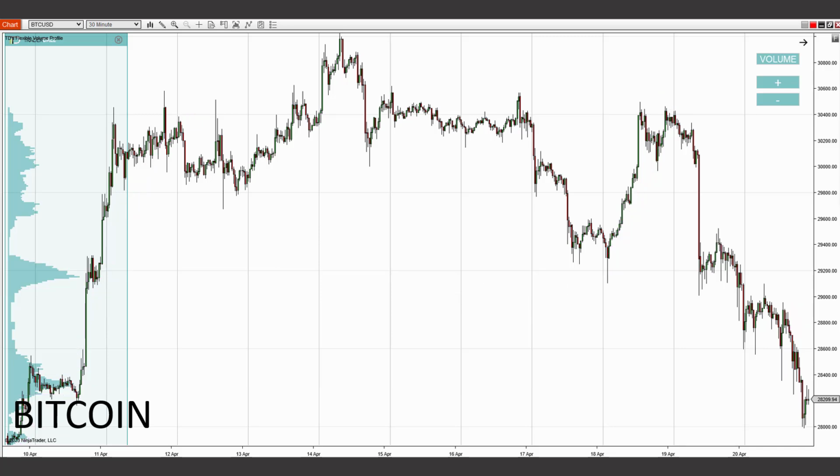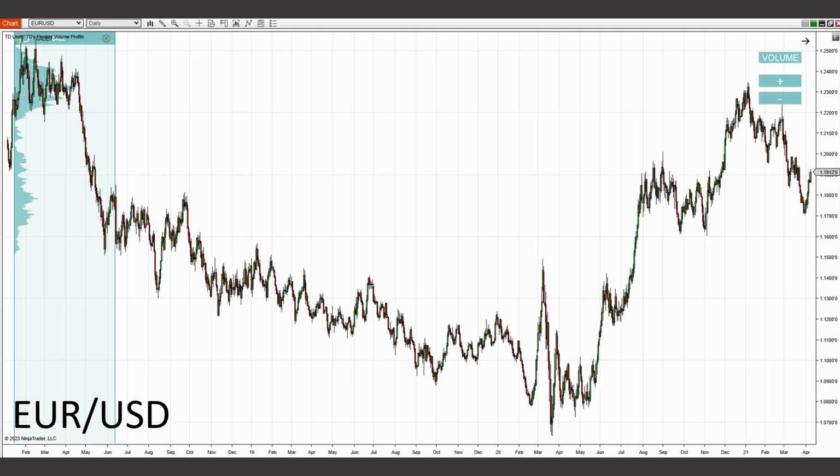There's one more example, and this one is on euro-dollar, but this is not a day trading example, but a swing trading example, which means that we will be looking at the daily chart. The daily time frame is my favorite time frame to do this long-term swing trading analysis because it shows the big picture.